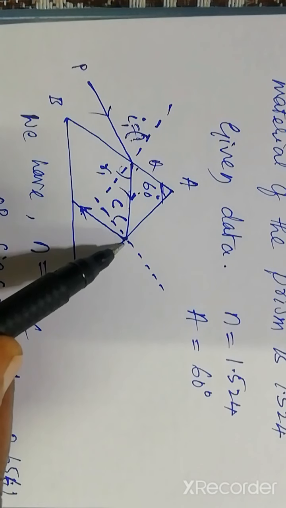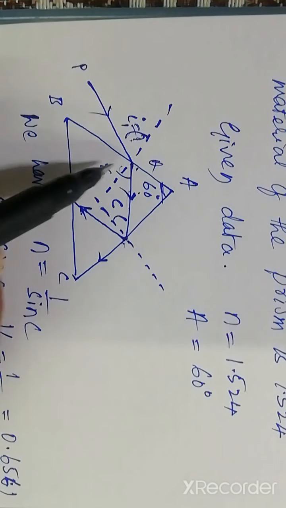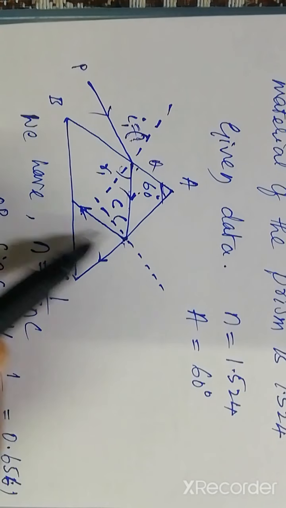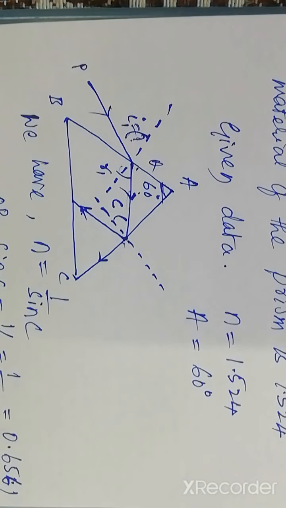So instead of light emerging out of the prism, it has to just suffer total internal reflection into the prism at the other face AC.